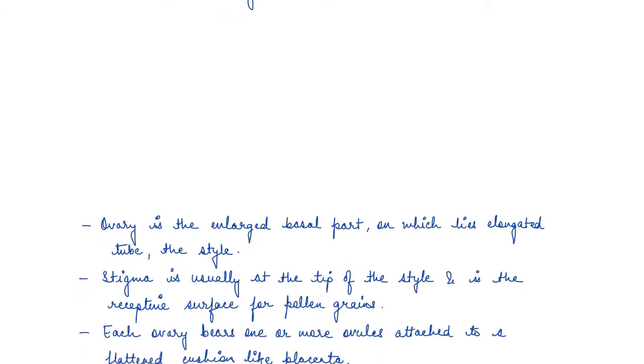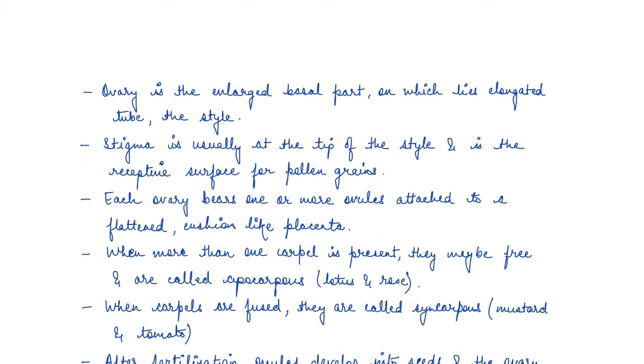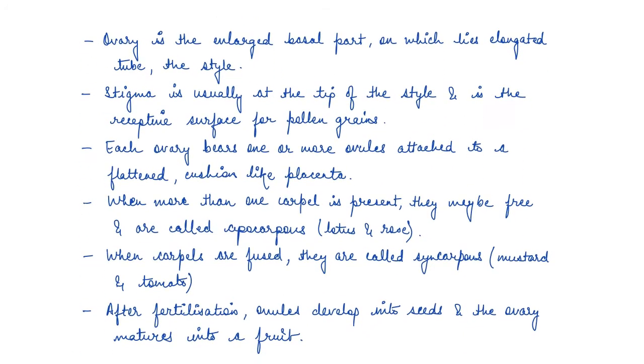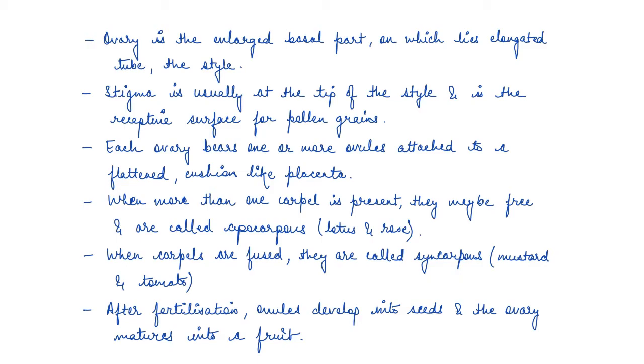Now, ovary basically is the enlarged or swollen basal part, on which we have the tube, which is the style. And stigma is the tip of the style, and that is the receptive surface for pollen grain, right? So now each ovary bears one or more ovules which are attached to a flattened cushion-like placenta, right?